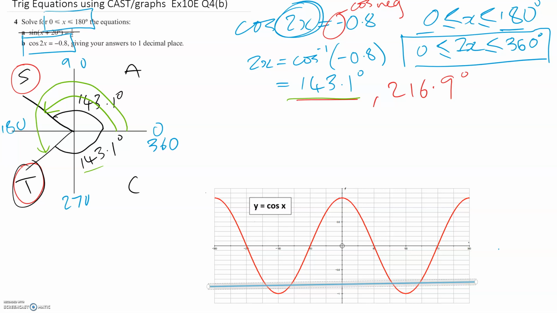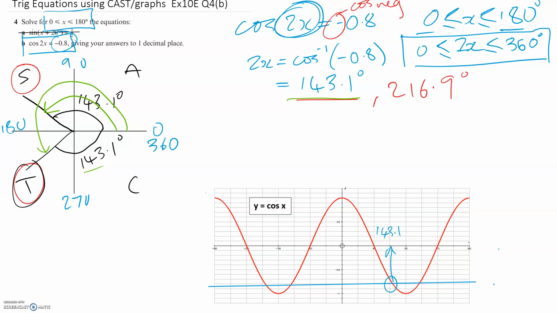I think that's good enough. So you draw your line at minus 0.8 because that's what you're solving cos equal to, and then your calculator gave you this value here, which was 143.1, so there's that solution there.